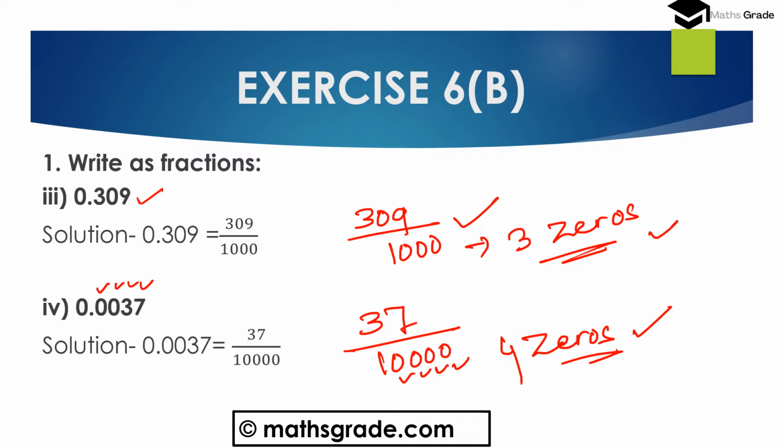So 0.309 is 309 divided by 1000, and 0.0037 is 37 divided by 10,000.